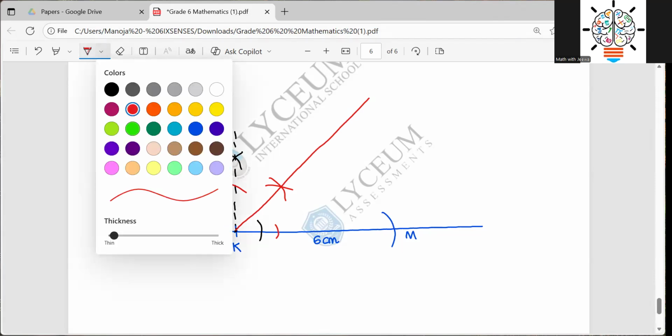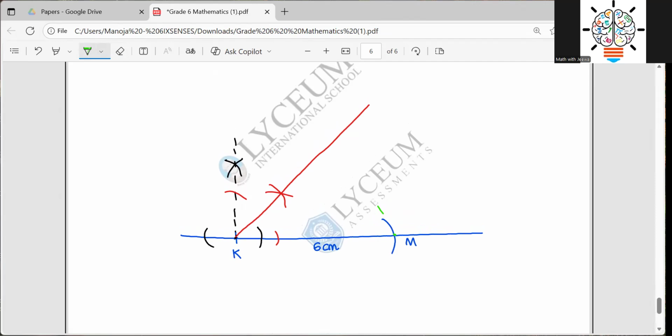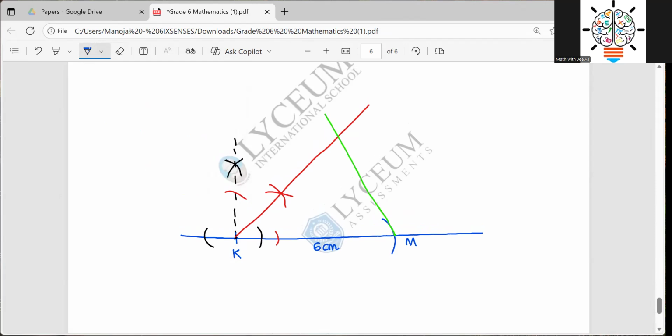Then you take the protractor and keep the protractor here like this. And from here you measure 70 and you mark 70 here. After marking 70, you remove the protractor. Then you draw the line like this. So then this will be 45 degrees.